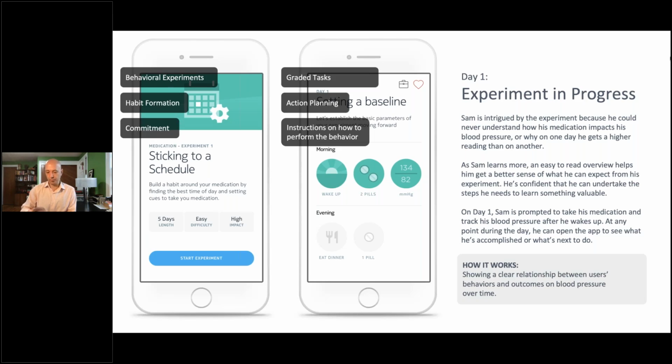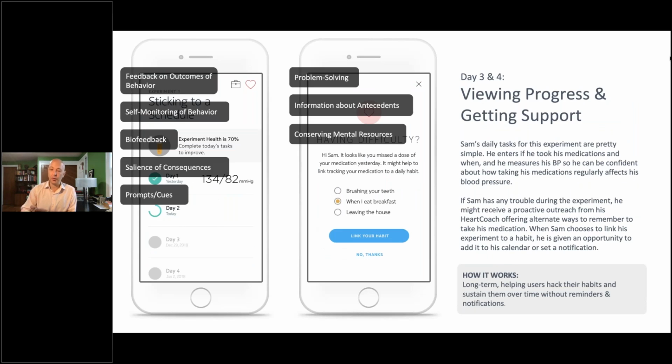Again, we can help people run experiments, build habits, commit to starting an experiment or sticking with a plan. We can use different things like graded tasks, so starting easy, making it get a little bit more difficult over time, giving them instructions, so on and so forth.